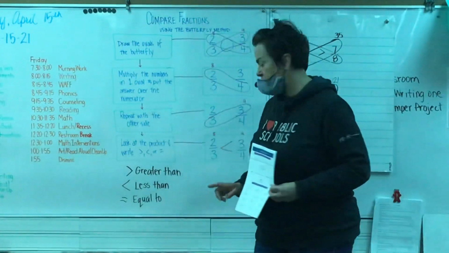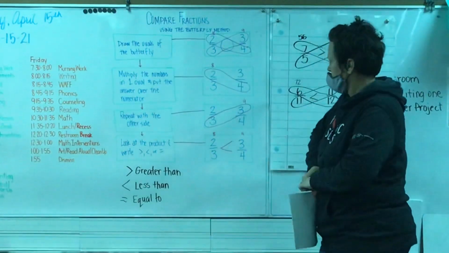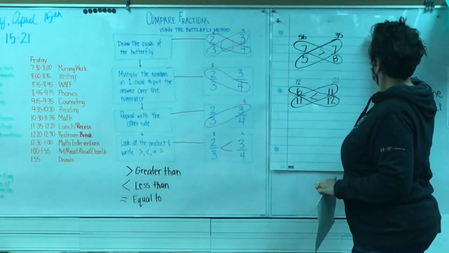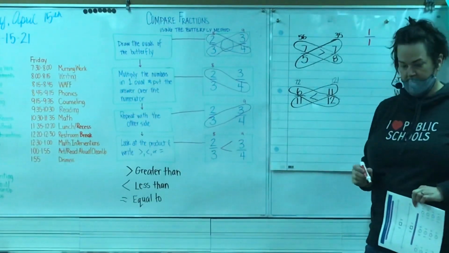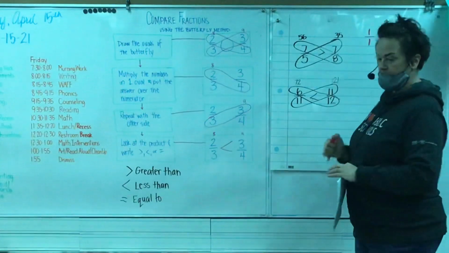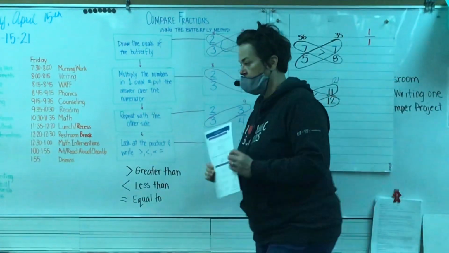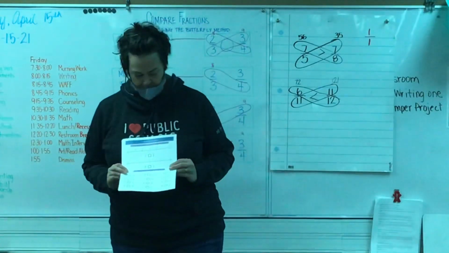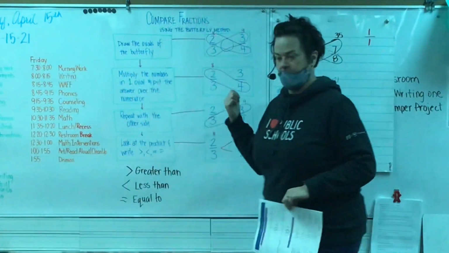To turn 1 into a fraction, just put a 1 underneath it, remember? You can turn a whole number into a fraction by putting a 1 underneath it. All right? Okay, so questions about the butterfly method?